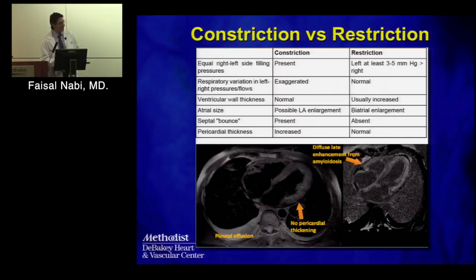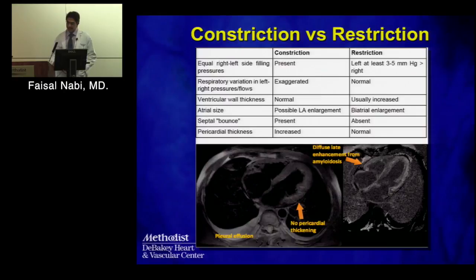So this is a case of cardiac amyloid, for those of y'all who are now getting pretty good at cardiac MRI. In this particular case, there was a concern for constriction, but once you gave the gadolinium and you see this global diffuse hyperenhancement of the myocardium, there's no other disease condition that does this other than amyloid.